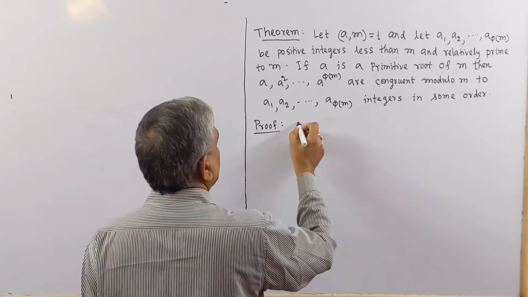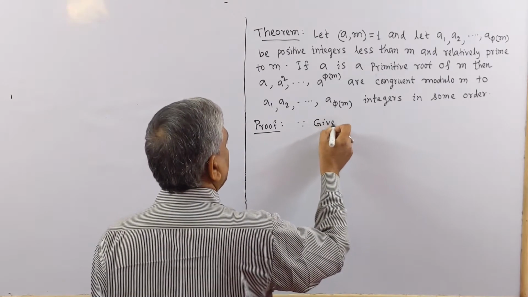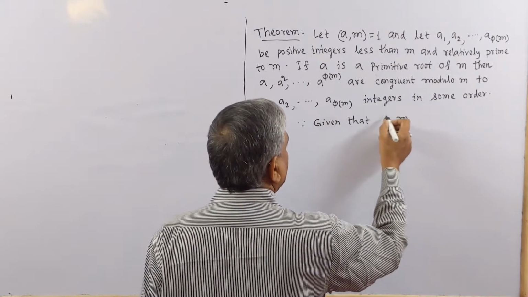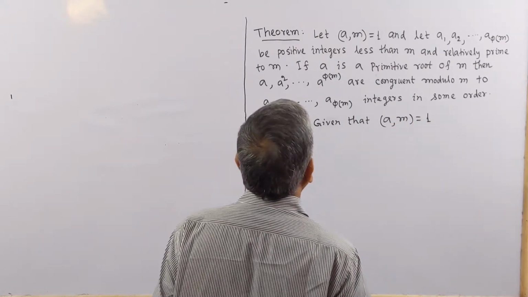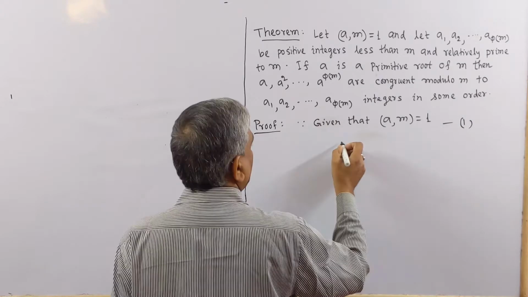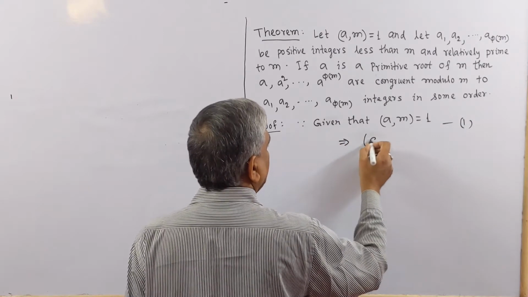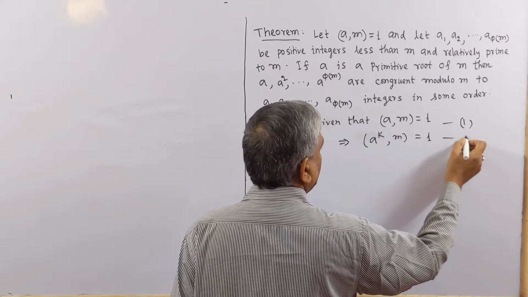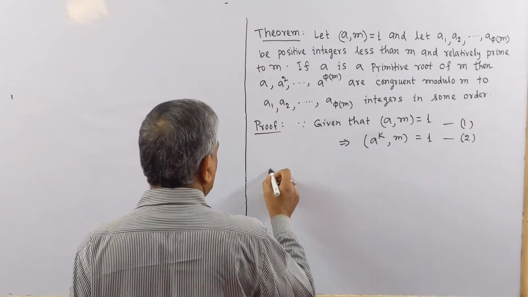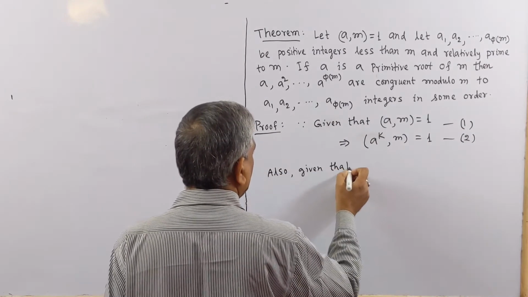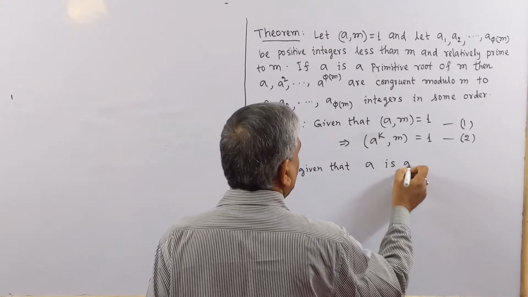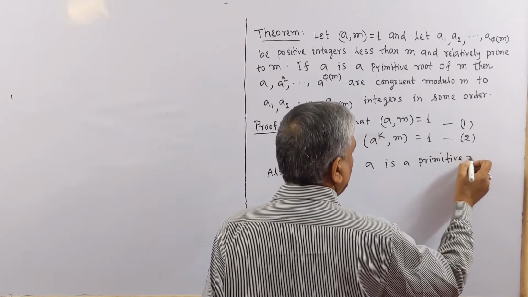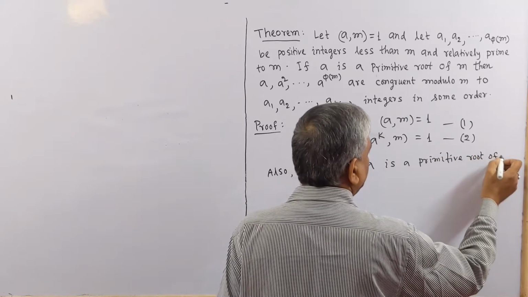Proof. Since given that GCD of a and m equal to 1, this is number 1, implies that GCD of a to the power k and m equal to 1. This is number 2. Also given that a is a primitive root of m.